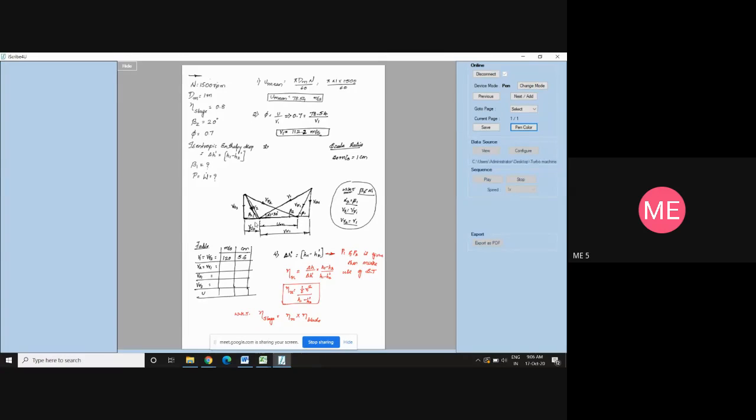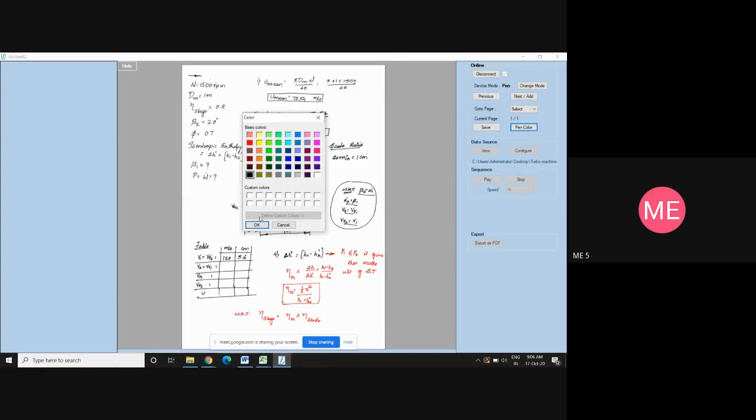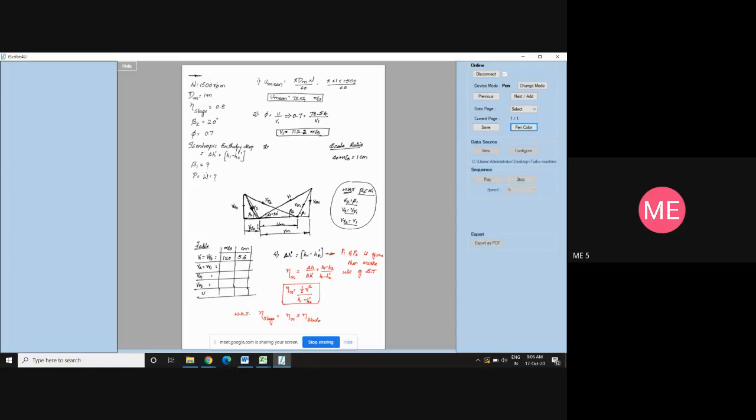What is the formula for blade efficiency, also called diagram efficiency? That is VU1 plus VU2 divided by half into V1 square. Now we know blade efficiency separately, nozzle efficiency separately, so we know the value of stage efficiency.